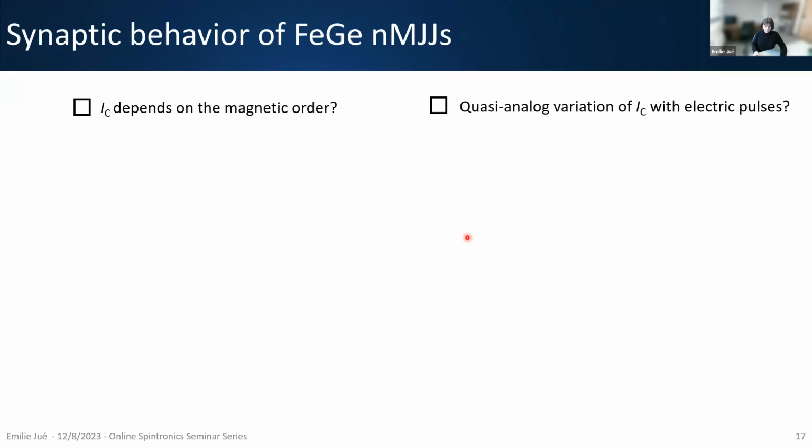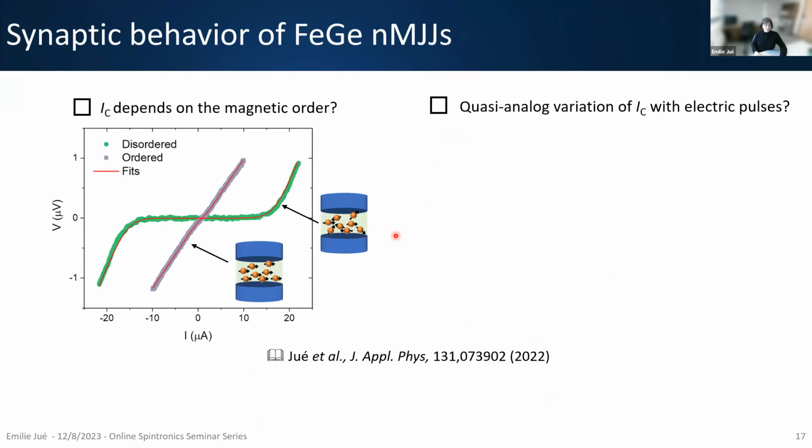So to demonstrate that we can use this device as a synapse, we need to demonstrate that the critical current depends on the magnetic order, and that we have this quasi-continuous variation of the critical current with electrical pulses. To demonstrate that, we repeated the same experiment that I showed before, but with this new material.